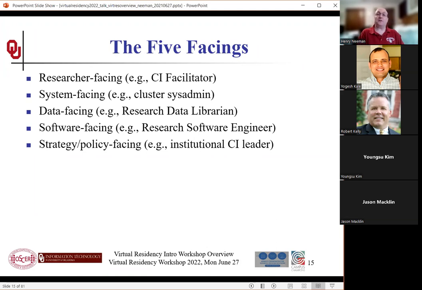Data facing, like a research data librarian. Software facing, like a research software engineer, which is a growing, worldwide growing profession. And then strategy and policy facing, we used to call this stakeholder facing, like an institutional cyber infrastructure leader, like the director of a supercomputing center or what have you.